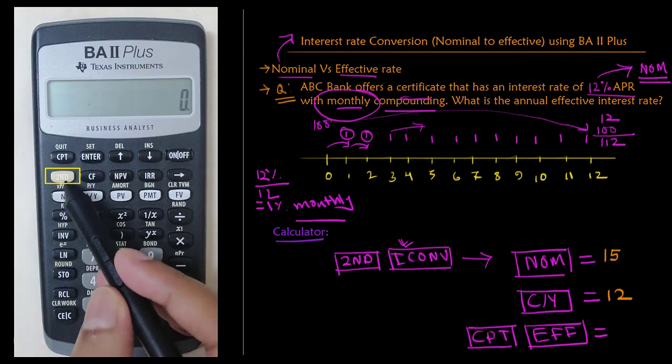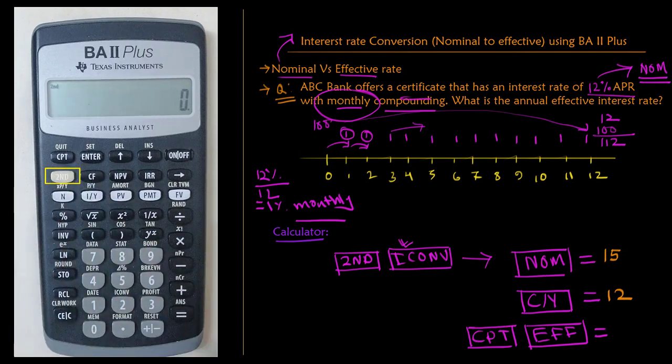and press this button, then press this button to access the interest rate conversion menu. And here this should be changed to 12. Oh, there is an error here, it should be 12%, so 12. So put 12 here. This is our nominal interest rate.